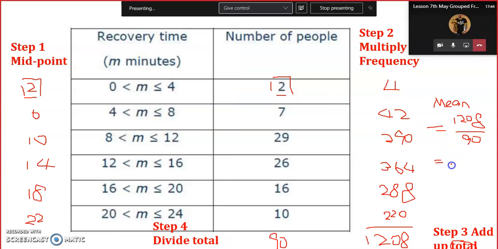So we just write 13.42, and stop here because you usually only need 2 decimal places unless the question asks you to do more. So this is going to be the mean for the question.